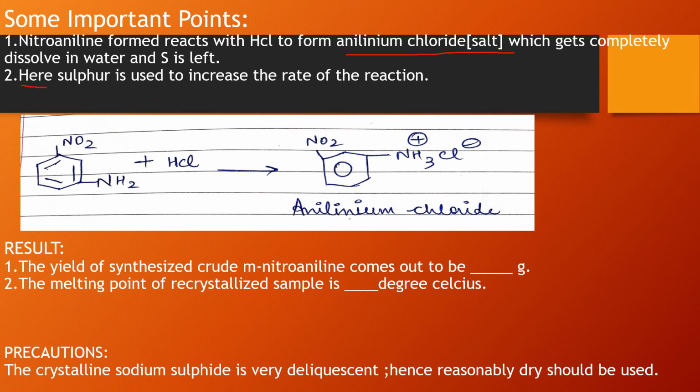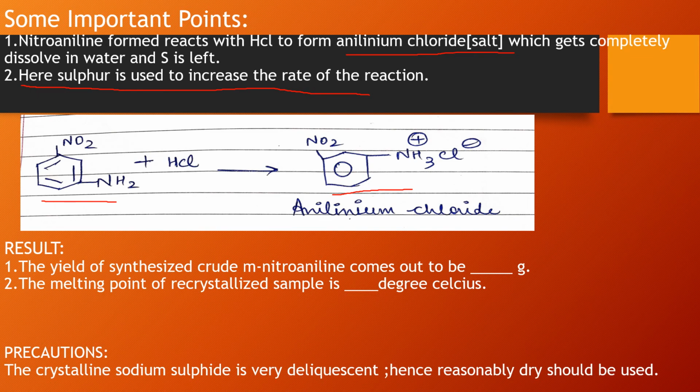And here sulfur is used to increase the rate of the reaction. So this is the general reaction involved, that meta-nitroaniline reacts with HCl and forms anilinium chloride, which is a salt, and hence ammonia is added to neutralize it as well.